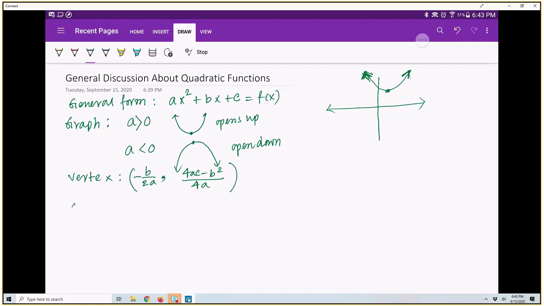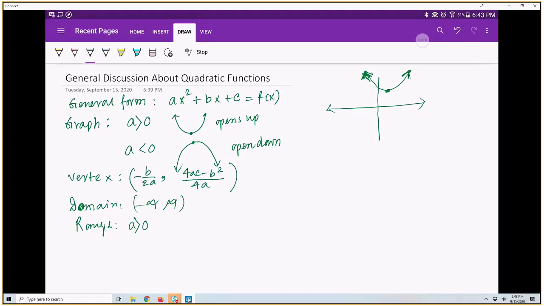So that will determine the domain and the range for the quadratic function. The domain is fortunately all real numbers, so it is always negative infinity to infinity for a quadratic function.